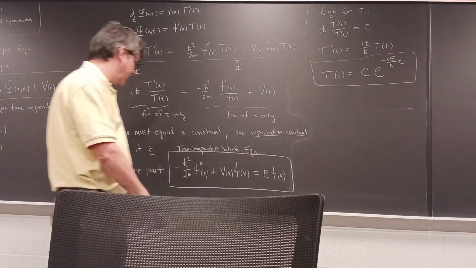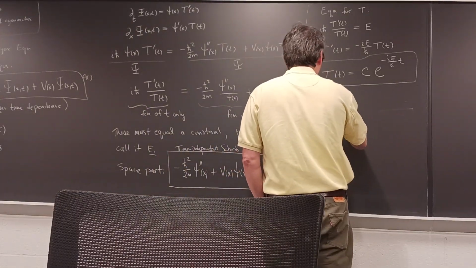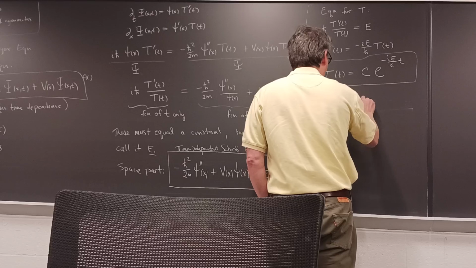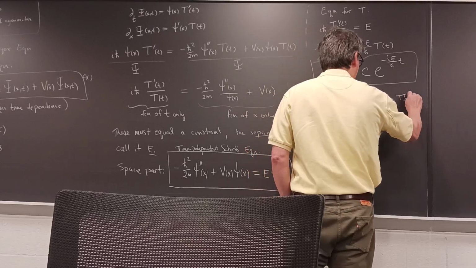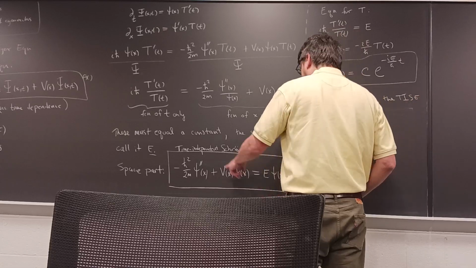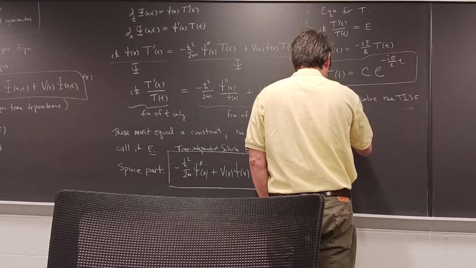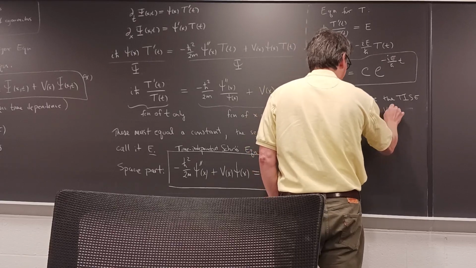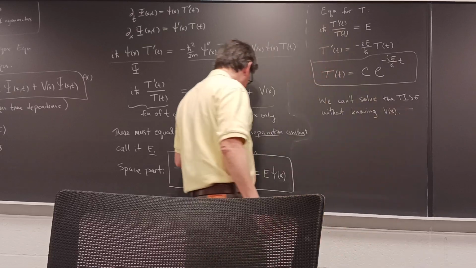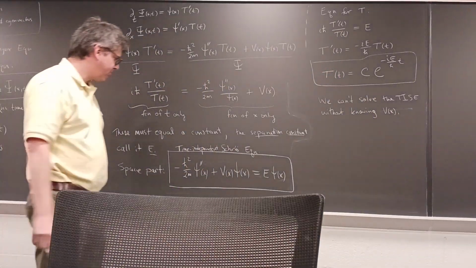All right, and this, we can't solve this time-independent Schrödinger equation without knowing v of x. We need to know what that function is if we're going to calculate it.